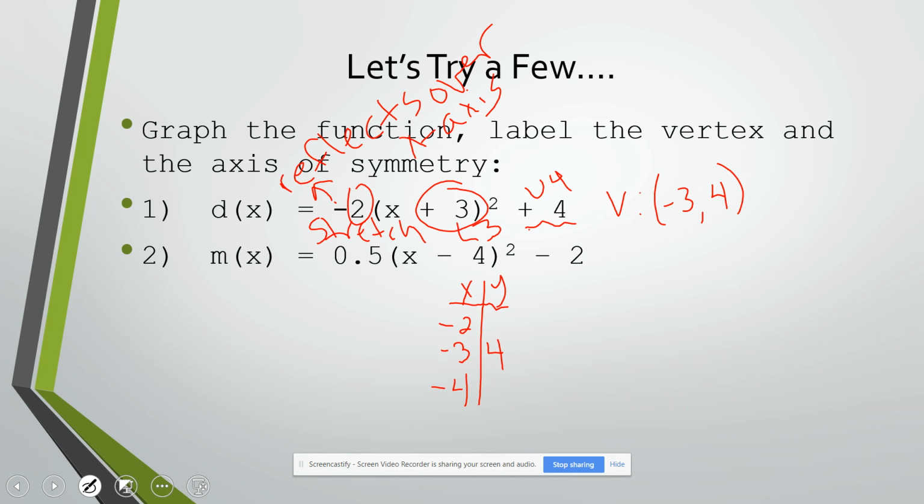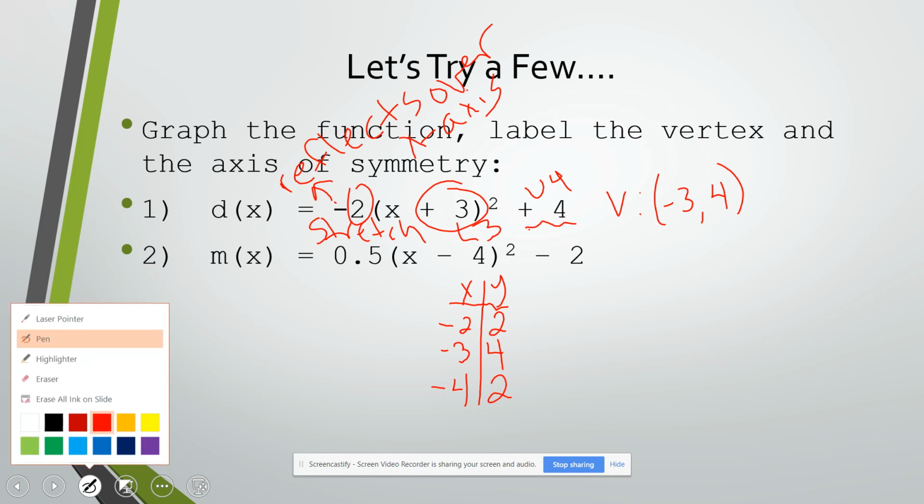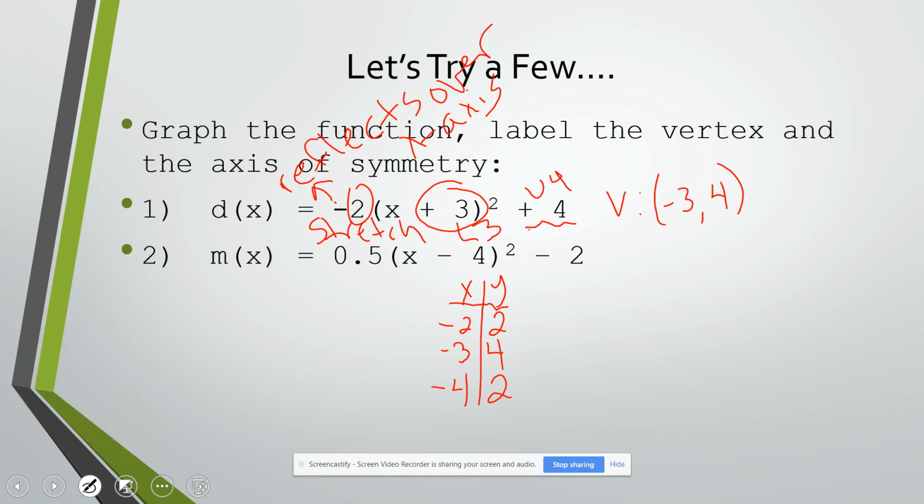When I plug in -2, I get a 2. When I plug in -4, I should also get a +2. Remember also that we're talking about our axis of symmetry here. So we're looking for where that might be.